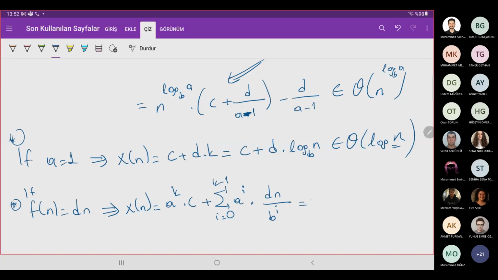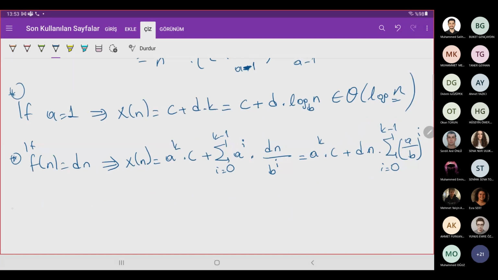This is equal to a to the power k times c plus d times n times summation i from 0 to k minus 1 of (a over b) to the power i. Okay?